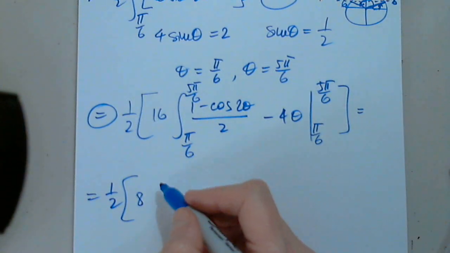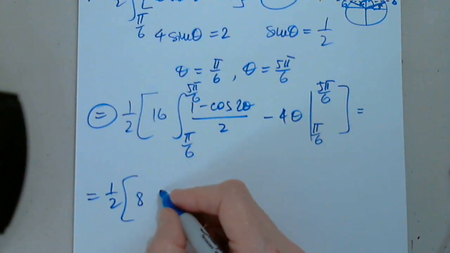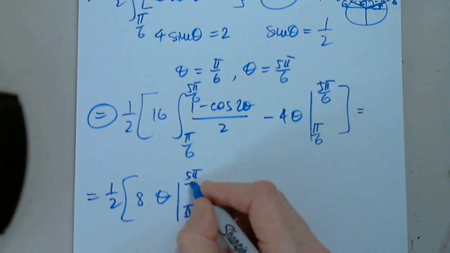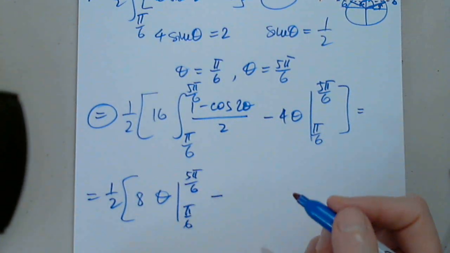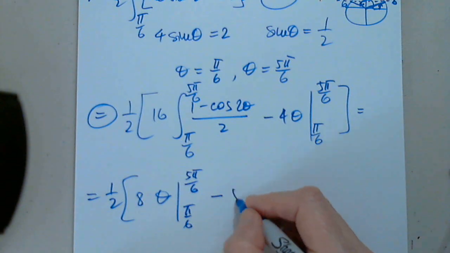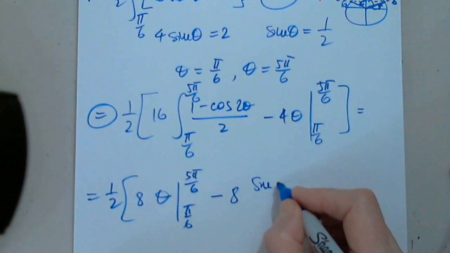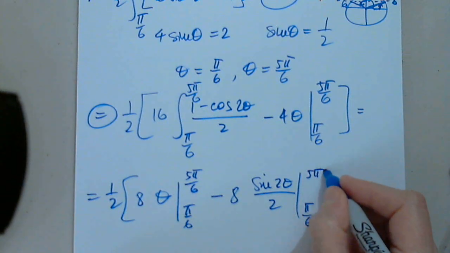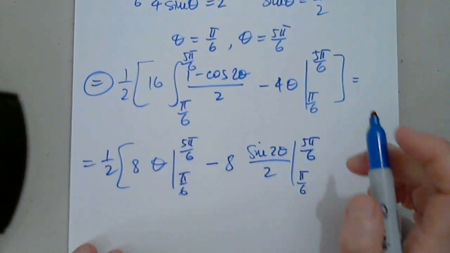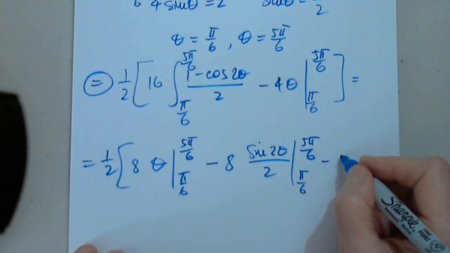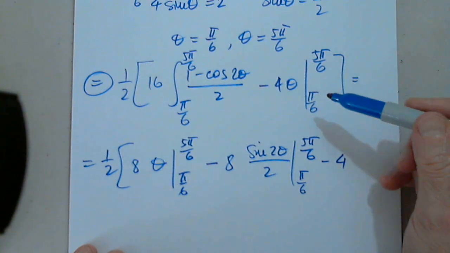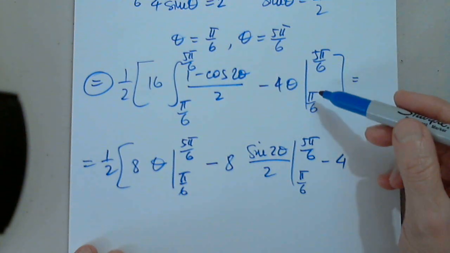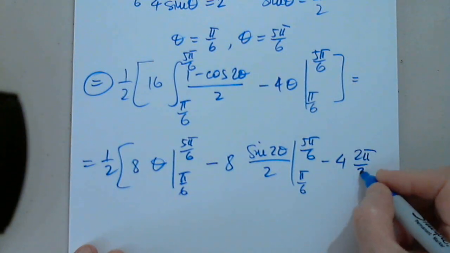The integral of 1 will be theta from pi over 6 to 5 pi over 6, and minus also 8 sine 2 theta over 2 from pi over 6 to 5 pi over 6. And this one I can already calculate. Minus 4, 5 pi over 6 minus pi over 6 is 4 pi over 6, which is 2 pi over 3.